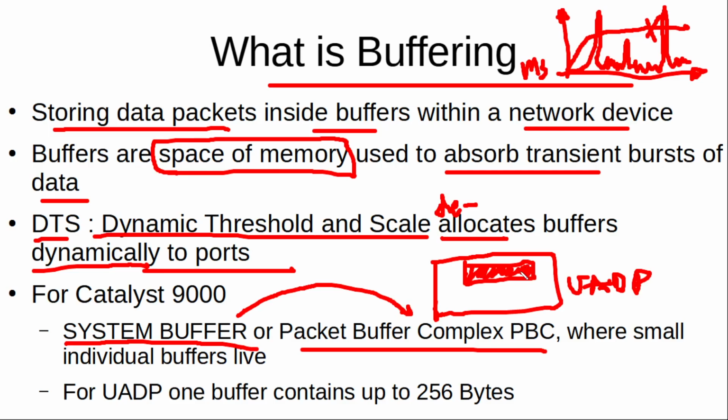We are going to be able to pull some buffers out of there in order to allocate them to ports. So ports can allocate those buffers to queues where actual data packets will be stored before sending them on the line. Every single one of these buffers that exist in the PBC is up to 256 bytes in length.